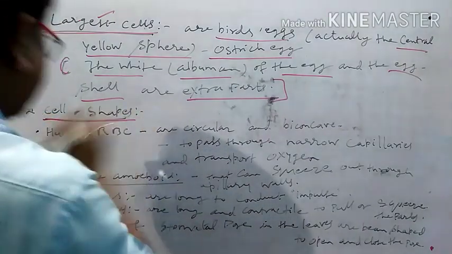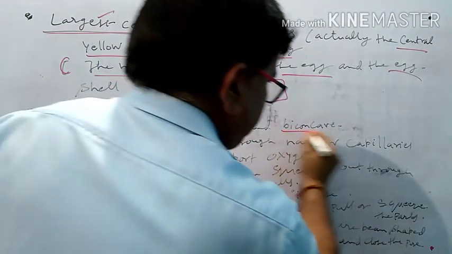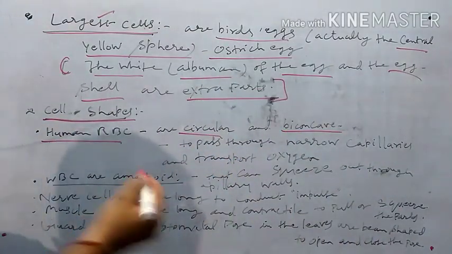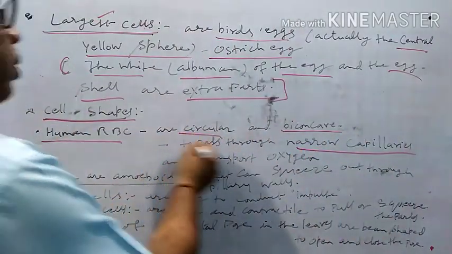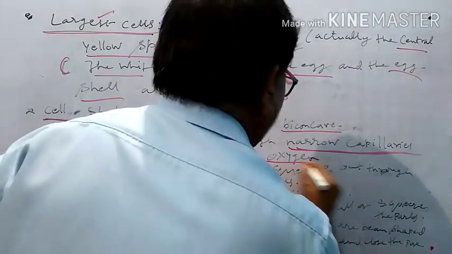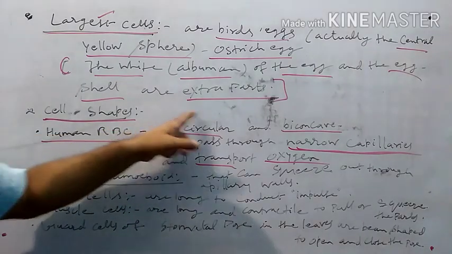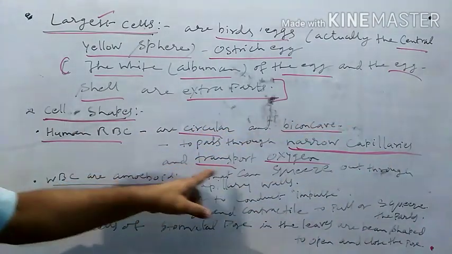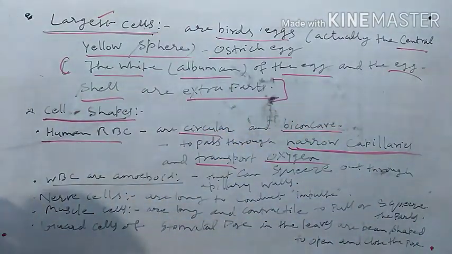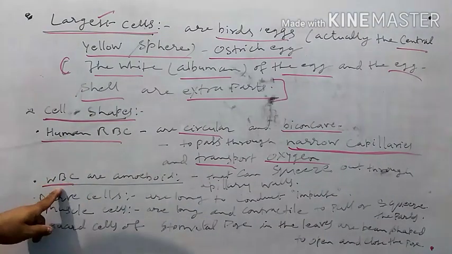Next, cell shape. Human RBC are circular and biconcave to pass through narrow capillaries and transport oxygen. Number 2, WBC, white blood corpuscles.